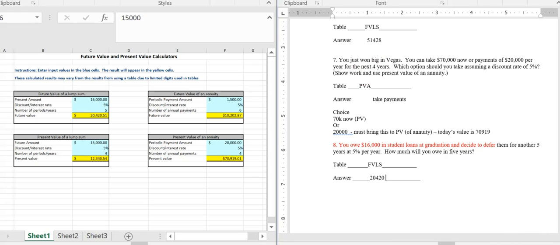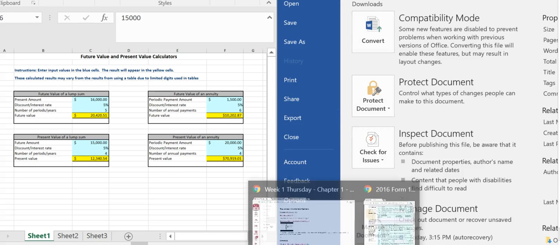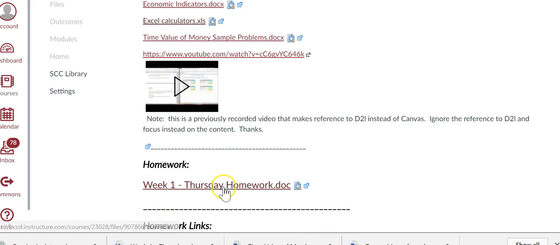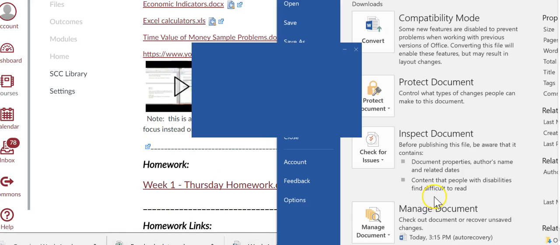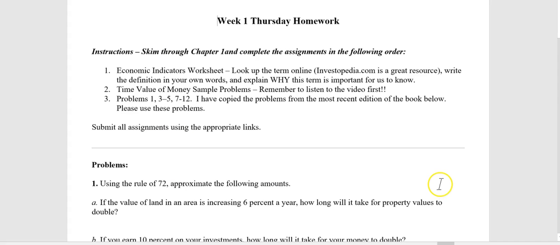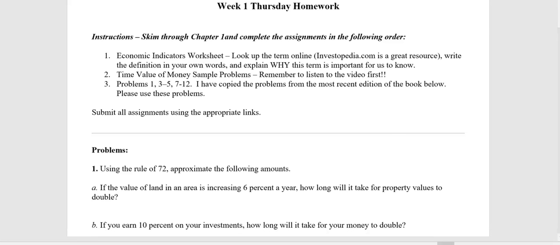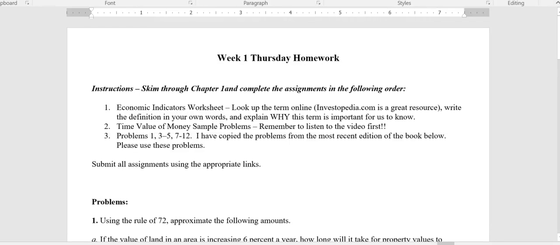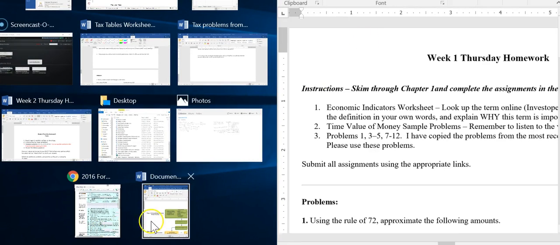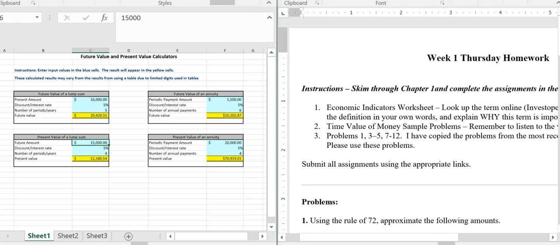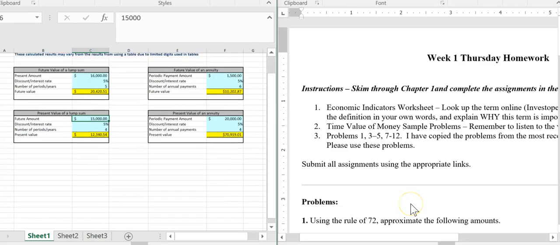Okay, so let's go back here and let me open up your homework. See what I've got going on here. I always split the screen on these. I think it's easier to do.